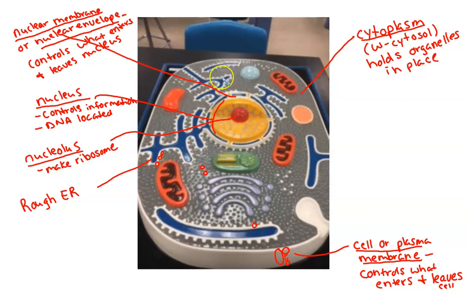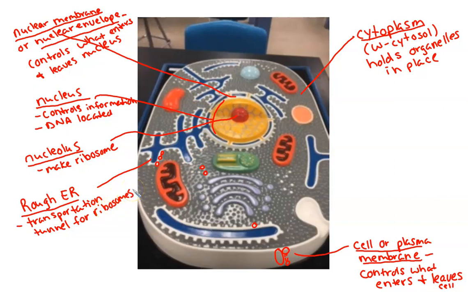So all of this is the rough ER, and basically it is like an underground transportation tunnel for the ribosomes. The ribosomes, the little dots, will get made here, and then they've got to get out into the cell, and that is how they do that.